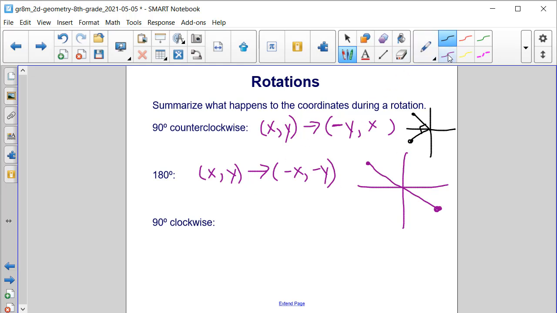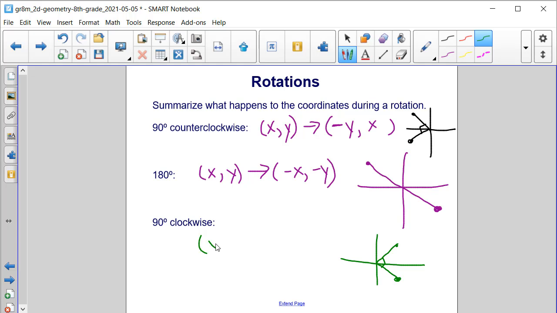And then for a 90-degree clockwise rotation, we originally had something in quadrant 1, and it was making a 90-degree angle and coming down here into quadrant 4.